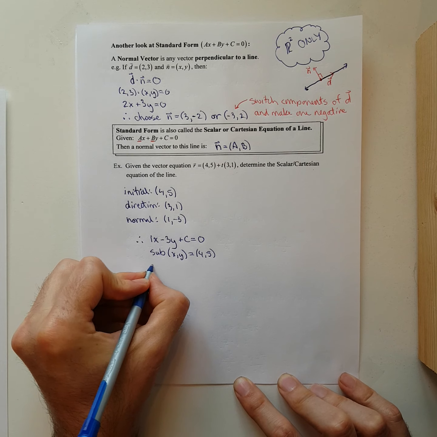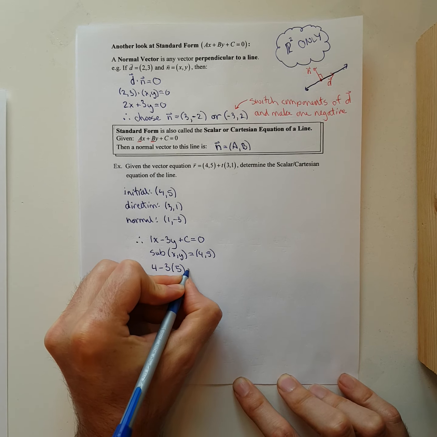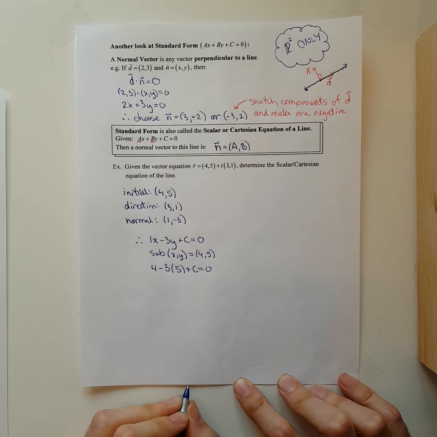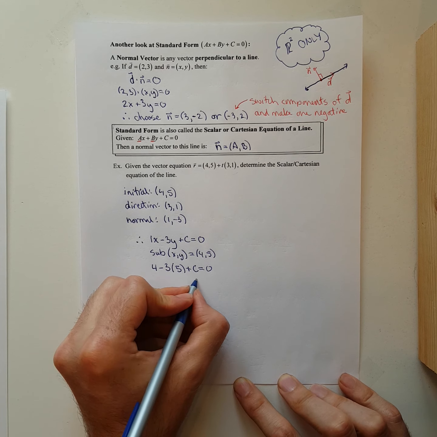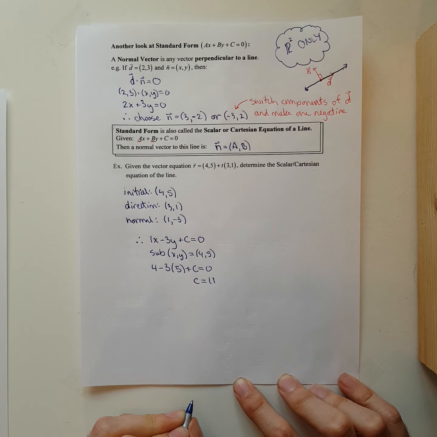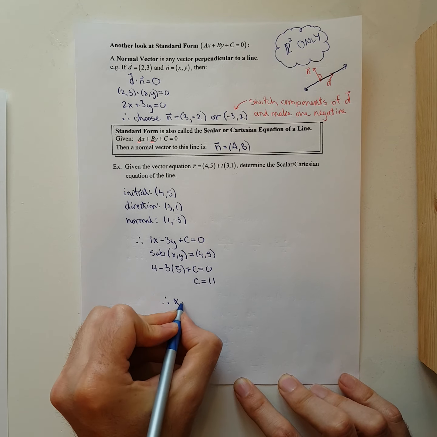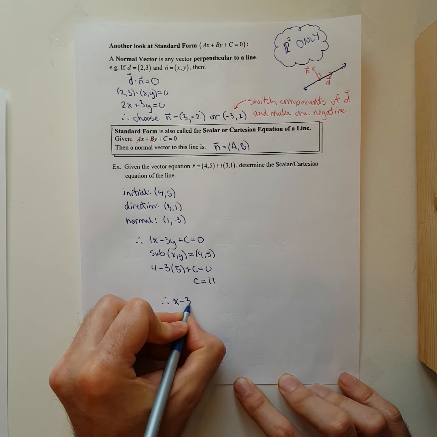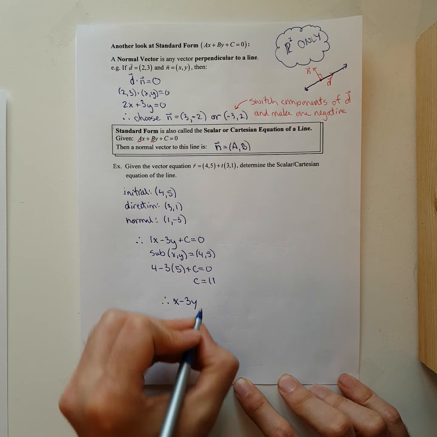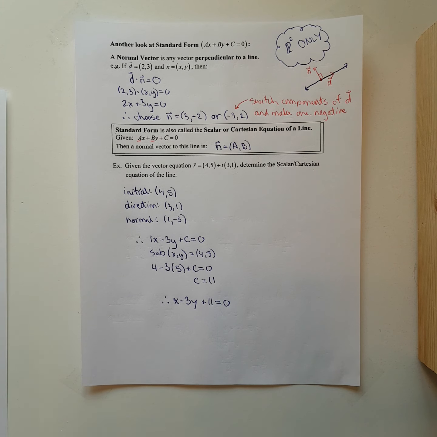If I do that, we have 4 minus 3 times 5 plus c is 0. 4 minus 15 gives us negative 11. So if we rearrange, c is 11. And therefore my standard form or my scalar form or my Cartesian form, whichever name you want to use here, is x minus 3y plus 11 equals 0.